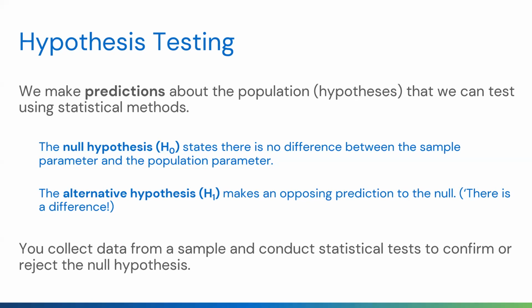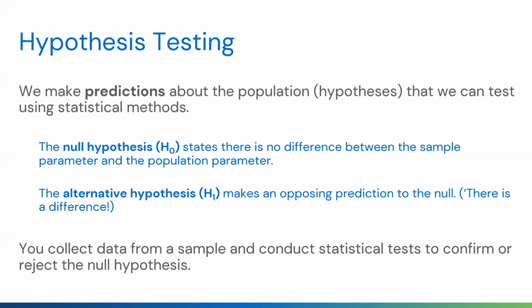And the important part of this process in research is to have a good research question and to really think about, why am I asking what I'm asking? If I collected data, I had to have had a reason for it. And oftentimes it starts with a hypothesis. So we make predictions about the population that we're interested in, and these are called hypotheses. And we can test these using statistical methods in inferential statistics.